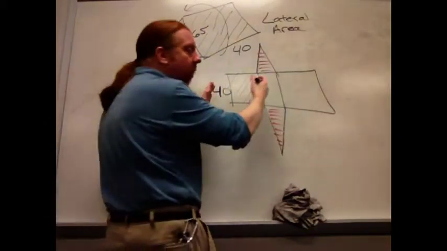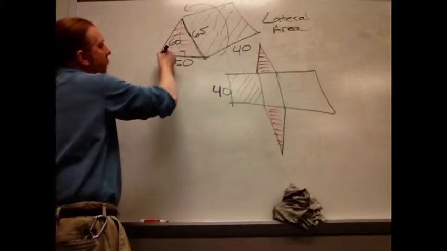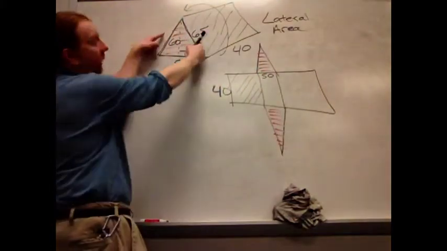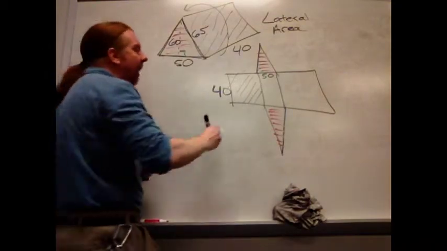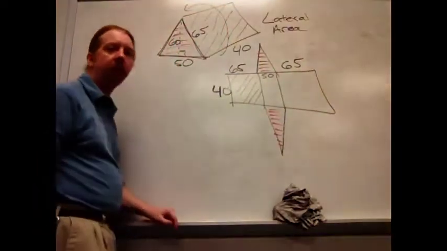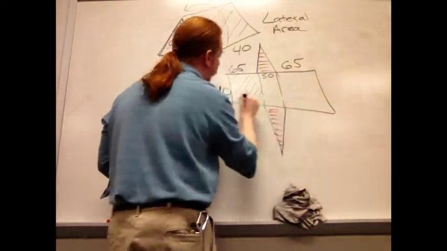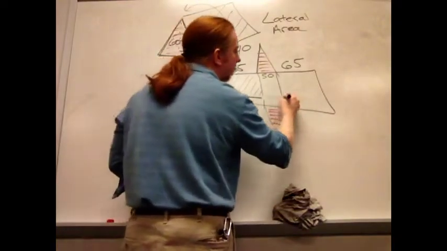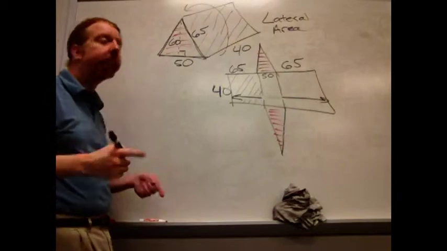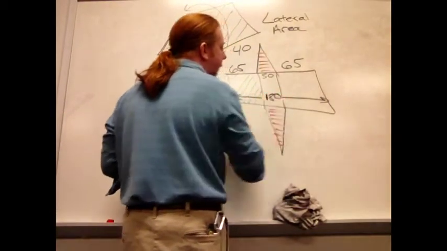When I look at how long this rectangle is, well, if I trace my way around, I know this here is 50. I know each of these two sides is 65. So that gives me a total length cutting through here of 65 and 65 is 130, plus 50 puts me at 180.